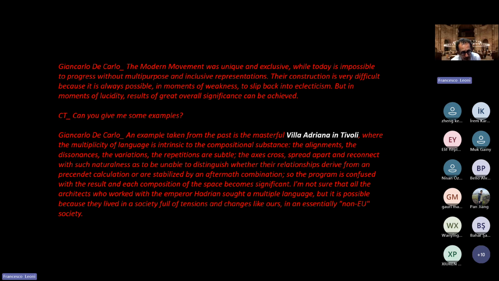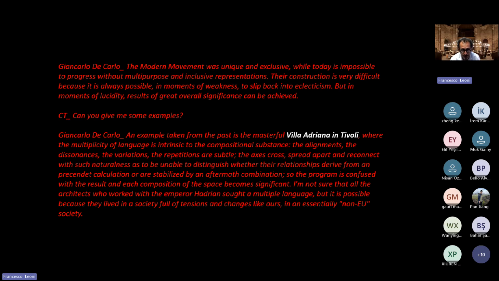The interviewer asked him if he could give some examples. And Giancarlo answered, talking about how nowadays we can design in moments of lucidity, having great results. An example taken from the past is the masterful Villa Adriana in Tivoli, where the multiplicity of language is intrinsic to the compositional substance.